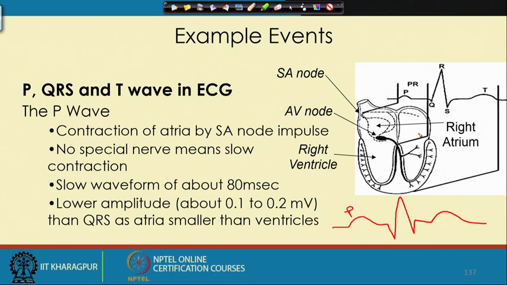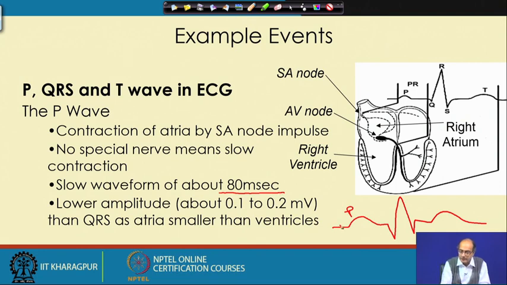In this image we show the dashed line that is showing the propagation of that signal, but in the atrium there is no special set of nerves to carry this signal. So, the spread is slow, and that is why the contraction takes place slowly. The P wave, which is associated with that contraction of the muscle, is a slow waveform with about 80 millisecond time span.